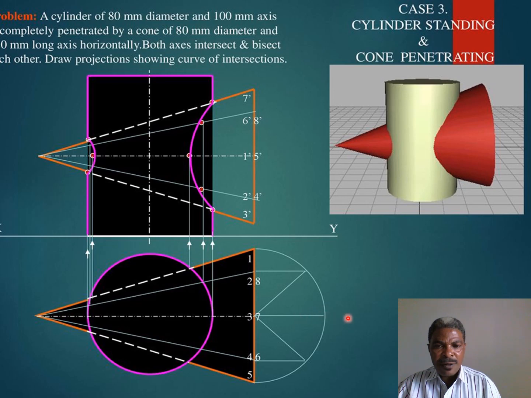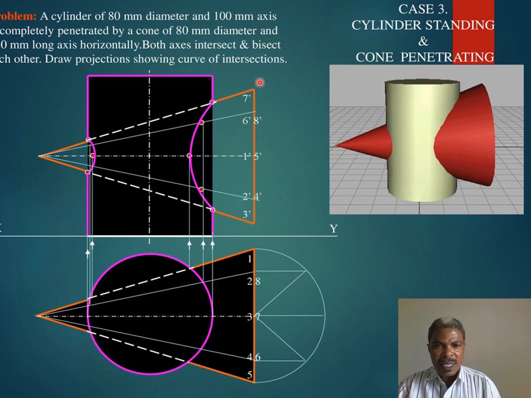As I have said for the first case, those points which are at the center, you have to ensure that when it comes to the front view, they change position. It's 3 and 7 at the center, following the order. So here they are at the ends of it, the same circle here.